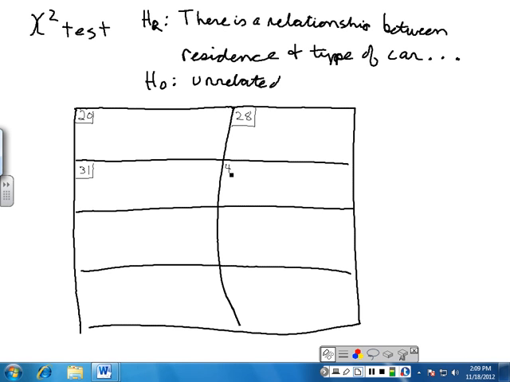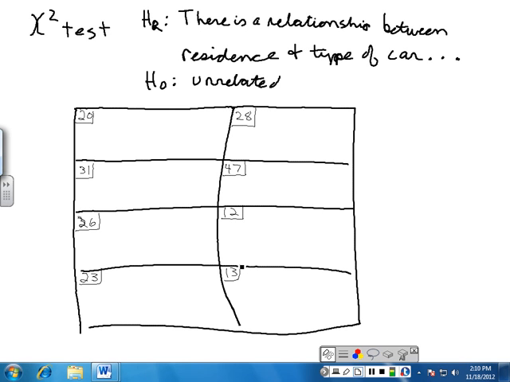These are the observed values. That's a 26, 12, 23, and 13.